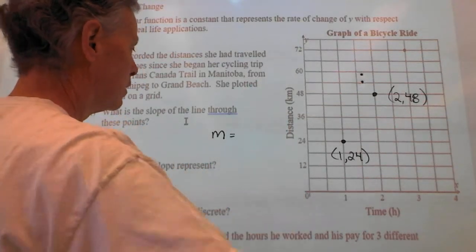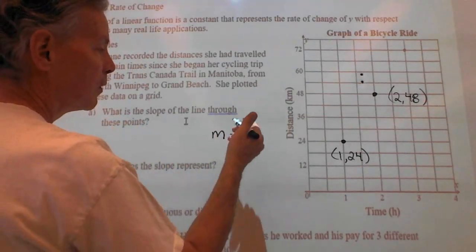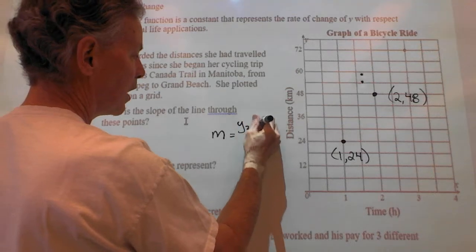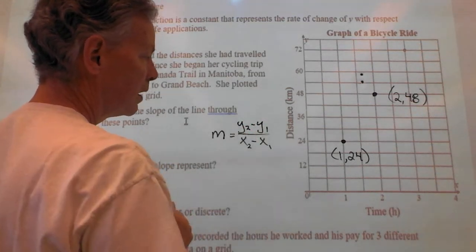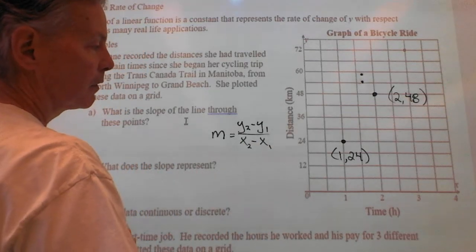So, to find the slope, remember it's y2 minus y1 over x2 minus x1, and then you just plug in the points, okay?